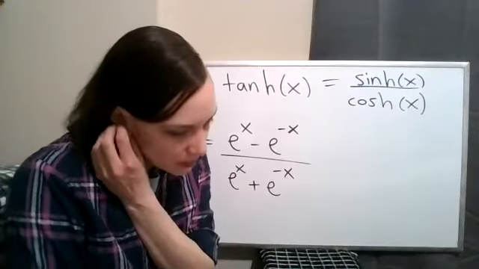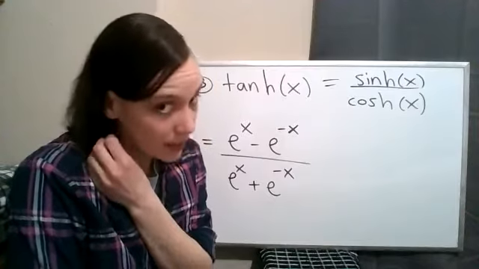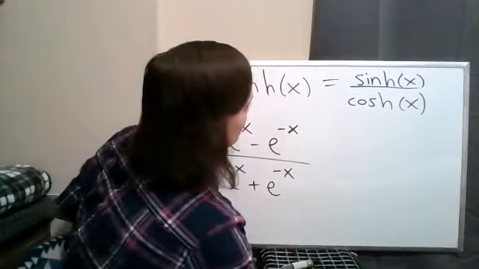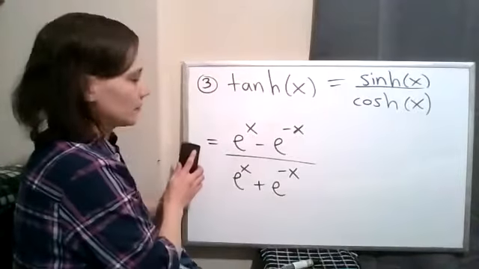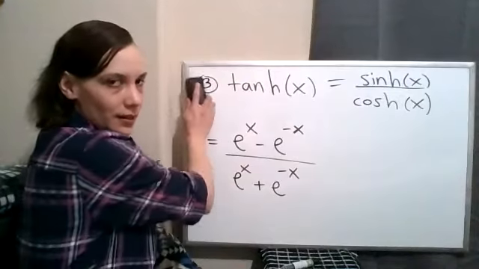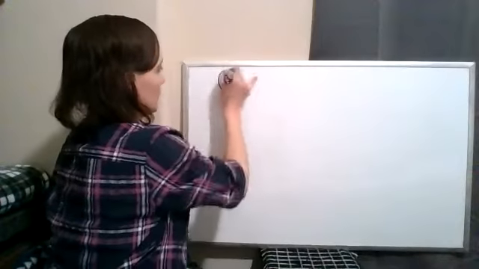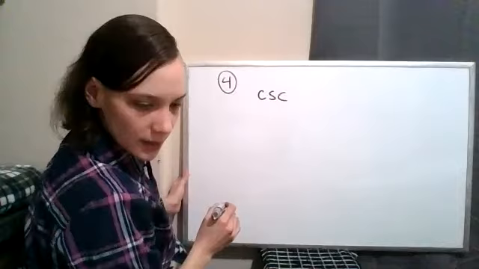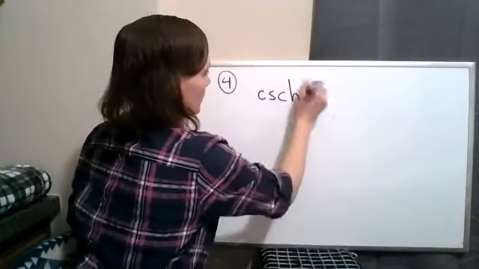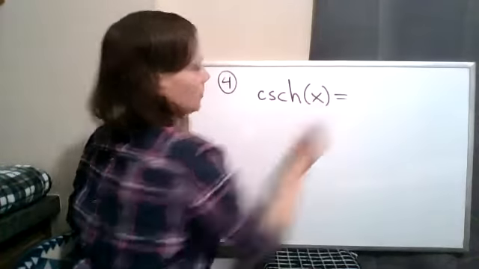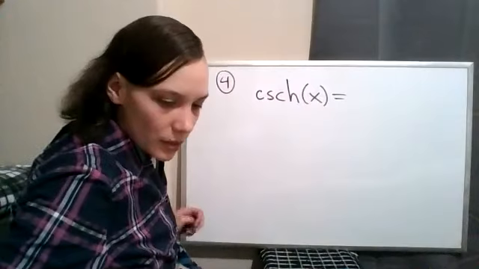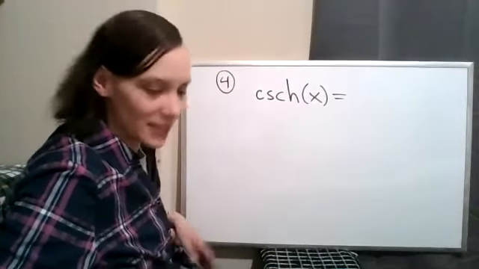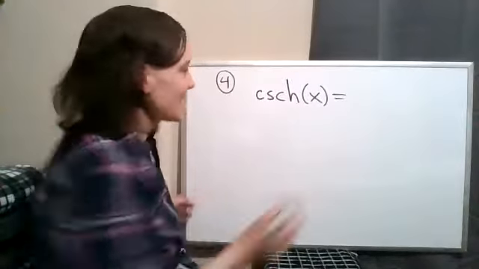Okay, so number 4 would be hyperbolic cosecant of x. So it's 2 divided by e to the x subtract e to the negative x.